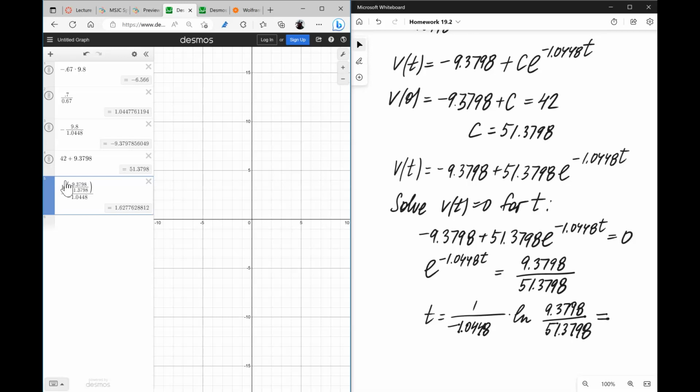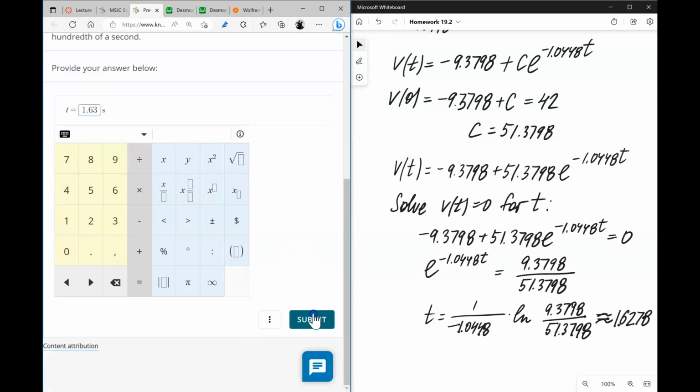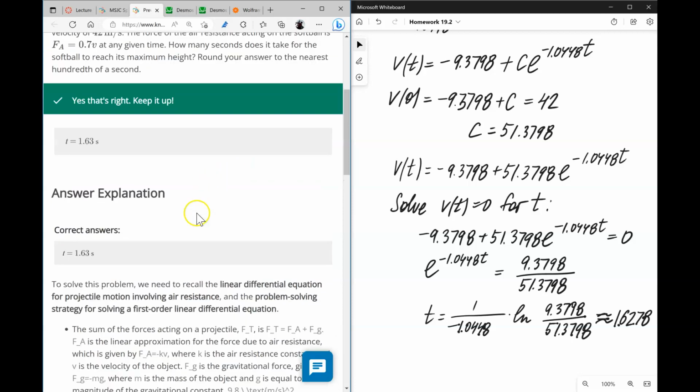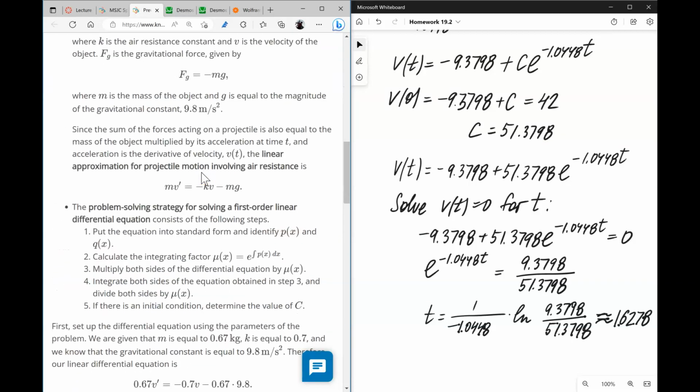So the final answer is 1.6278 approximately. So we have to round to the hundredth, and here's the answer, 1.63 seconds. And yeah, that's kind of it.